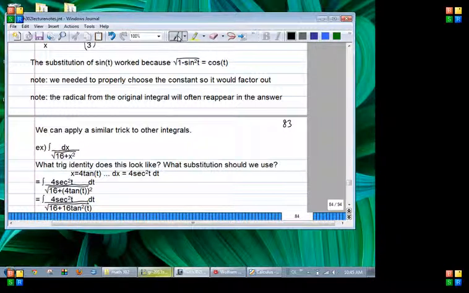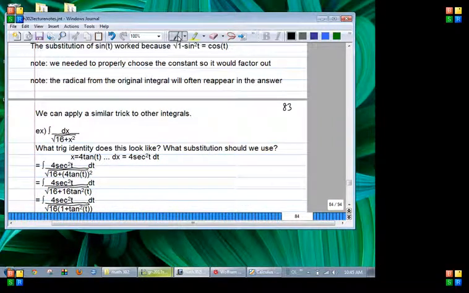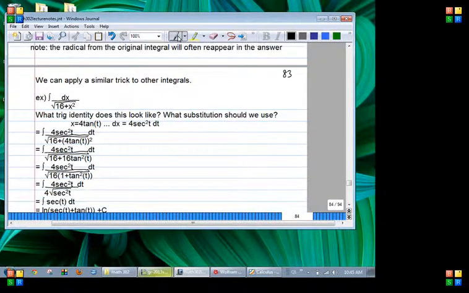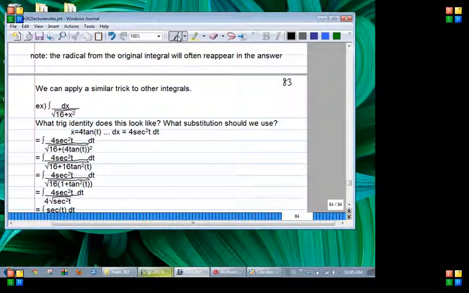Exactly. So you factor out that 16, and you get your 1 plus tan squared, which is perfect. That's what we want. So the square root of 16 becomes 4, and then 1 plus tan squared becomes secant squared. You take the square root of that, and you just get secant t. So now this simplifies, and all you have is the integral of secant t dt.